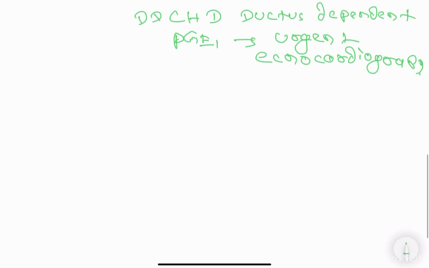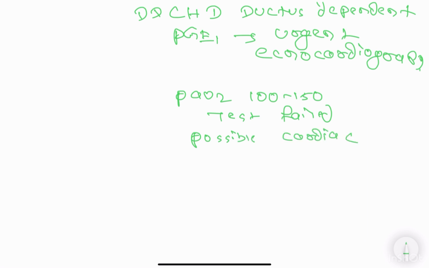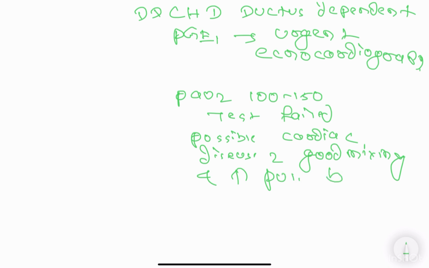And if the partial pressure of oxygen is 100 to 150, then also the test is failed, and it indicates possible cardiac disease with good mixing and increased pulmonary blood flow, like TAPVC.